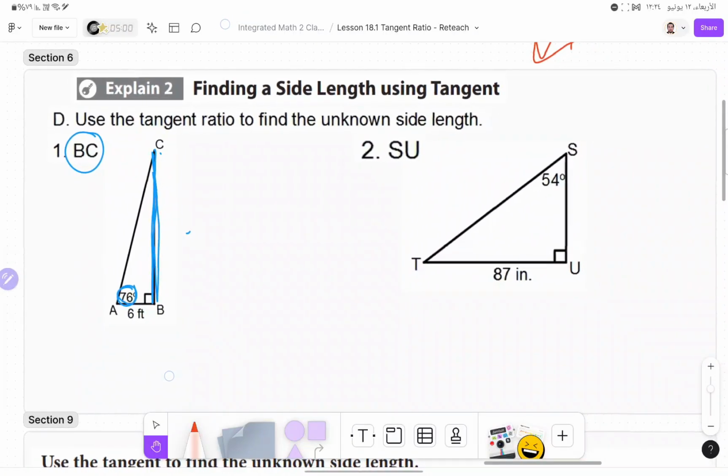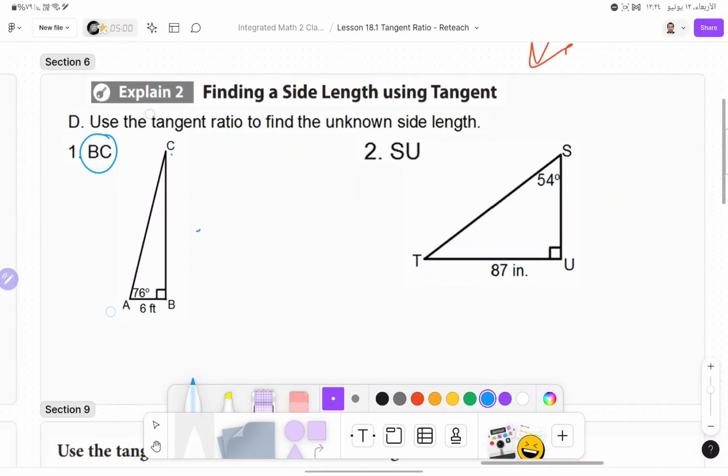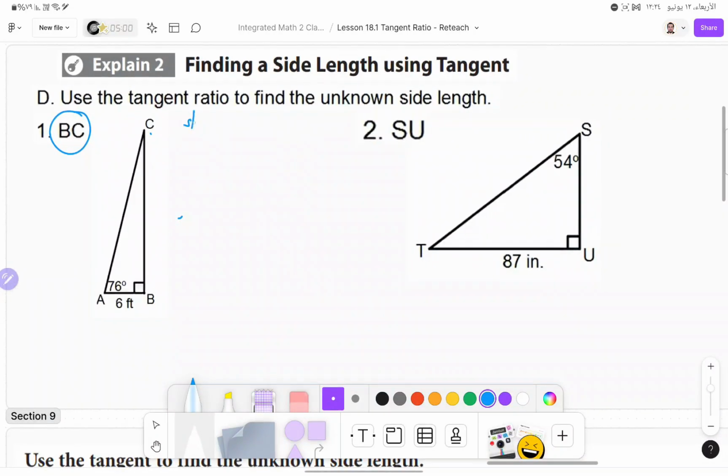Now let's start with finding the side here. First of all, we need to find the side BC, or CB. First step, and always first: the question will give you the angle because it asks you to find the side. So always start with the given angle.